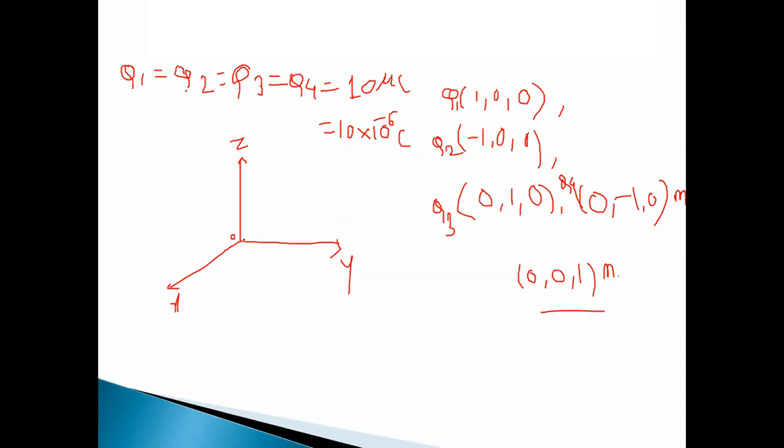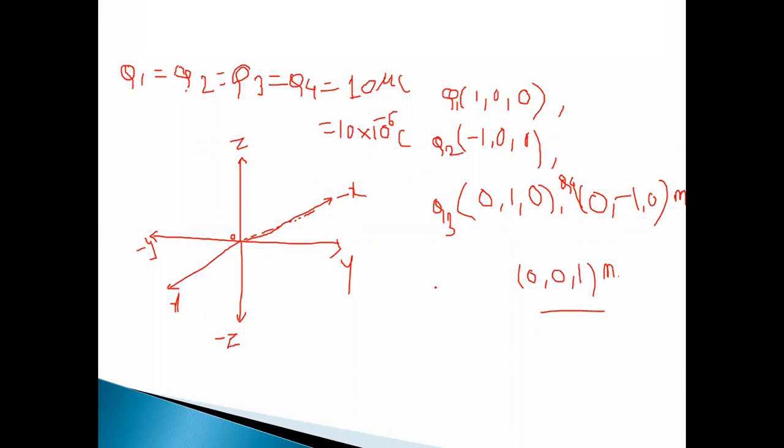This is your plus x-axis, and in the negative direction it is your minus x-axis. This is plus y direction, in the opposite direction it is minus y. And this is plus z, and below it is minus z.